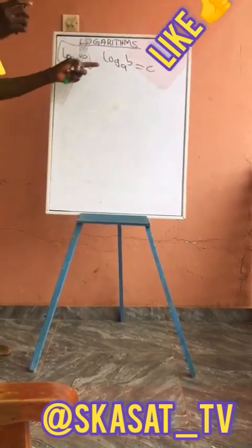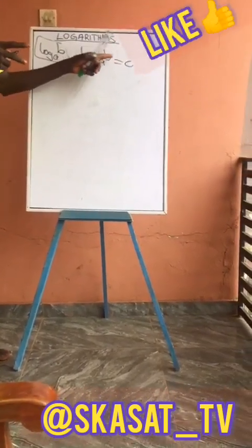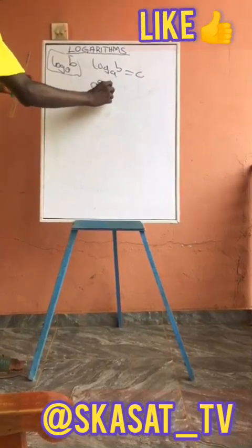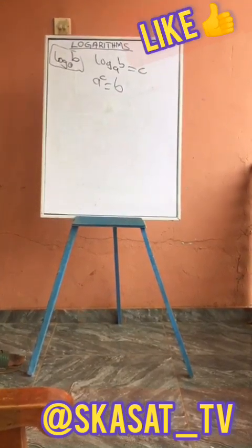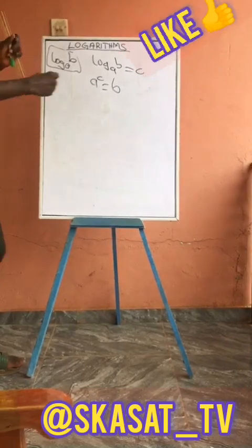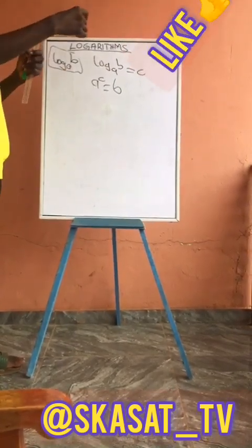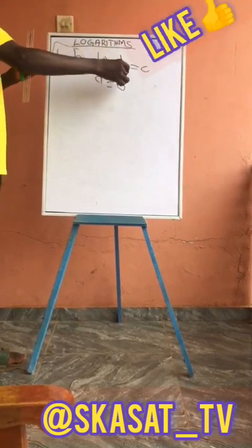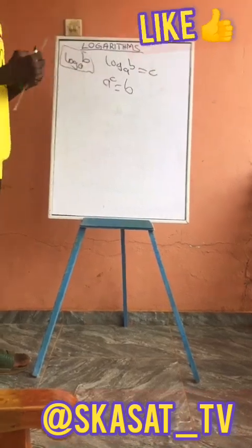That means the number of times a should be raised to an exponent to get b is c. That means a exponent c should be b according to the definition. Are you okay? So logarithm of a number b to the base a is the number of powers, or the number of exponents, a should be raised in order to get b. So this is a simple expression for it.